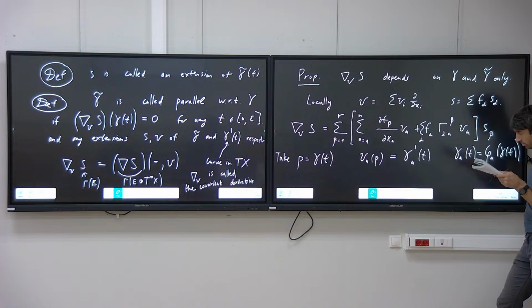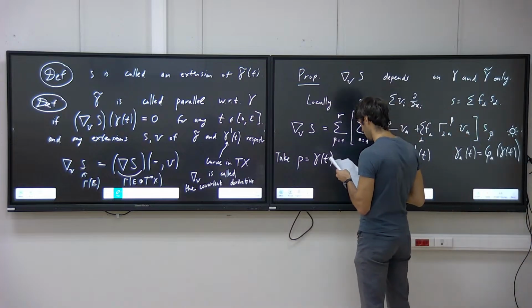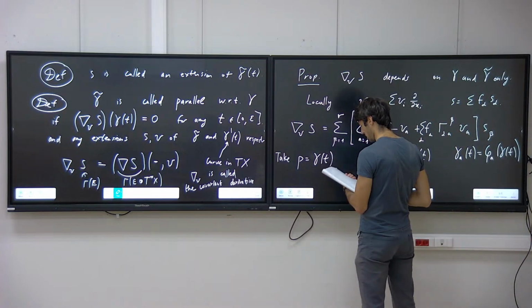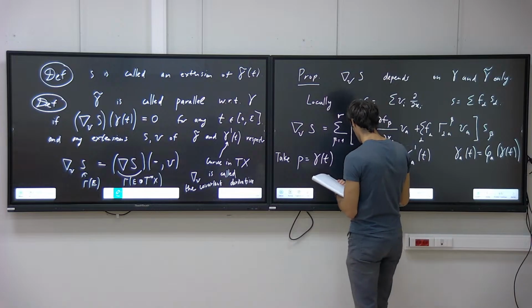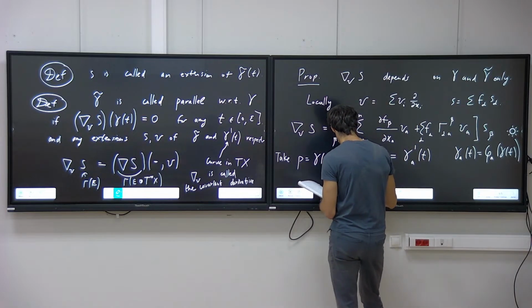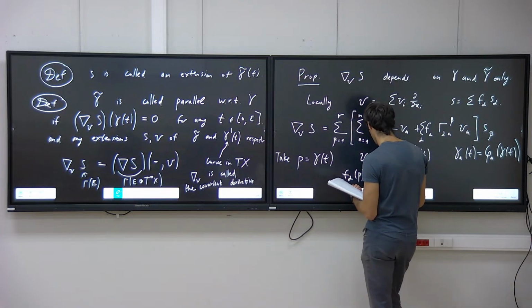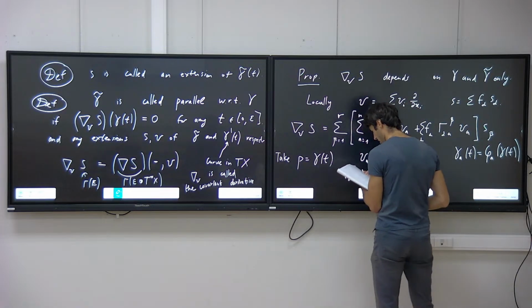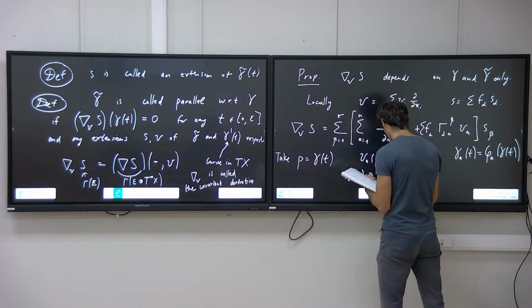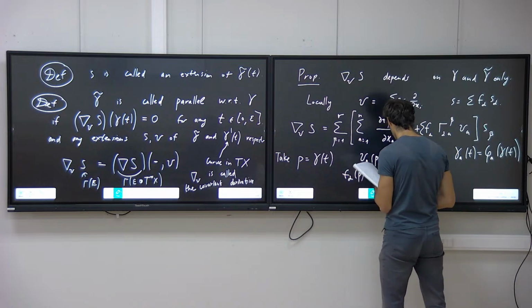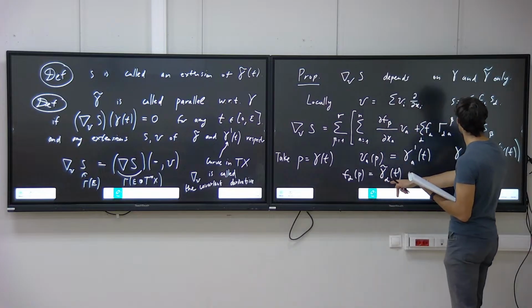Right, what else do I have there? I also have f alpha of p also here. F alpha of p is just gamma alpha tilde of t, right? So gamma tilde is a curve.